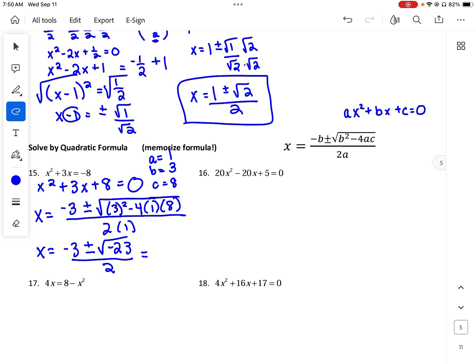All right, so the only thing I can do with this is take out that negative inside the radical and change that to i square root of 23 over 2. So we still have two answers: negative 3 plus i square root of 23 over 2, and negative 3 minus i square root of 23 over 2.